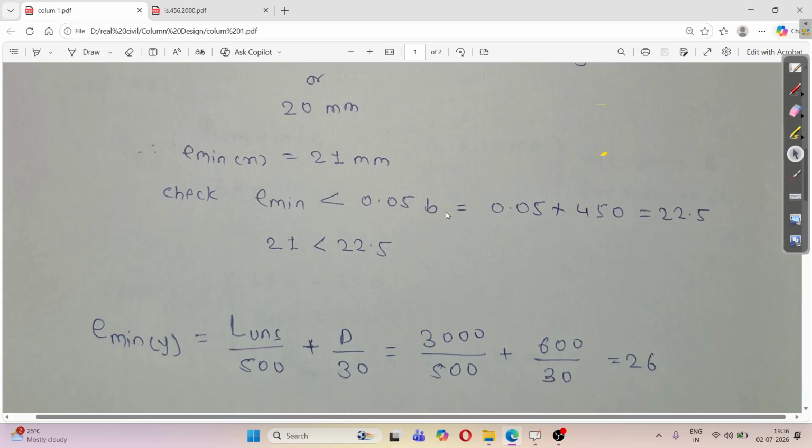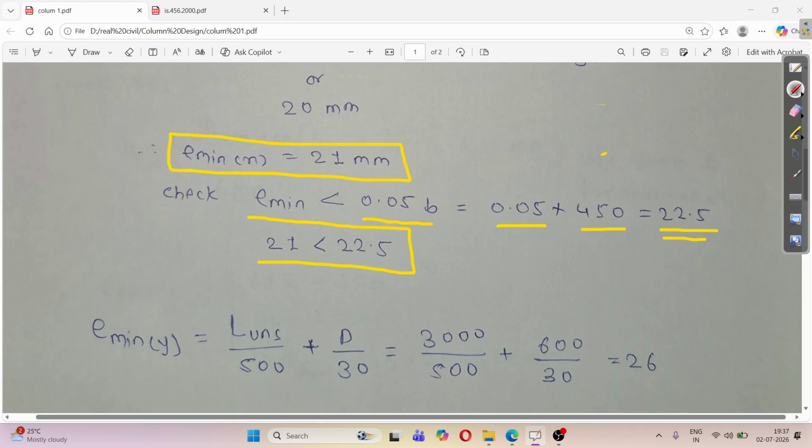So we have to check that the minimum eccentricity, in our case 21 mm, is less than 5% of that dimension, that is 0.05 b. So 0.05 into 450 is 22.5. So we can say 21 is less than 22.5. That means we can design the column with minimum eccentricity. Otherwise, we have to consider the eccentricity and moments.